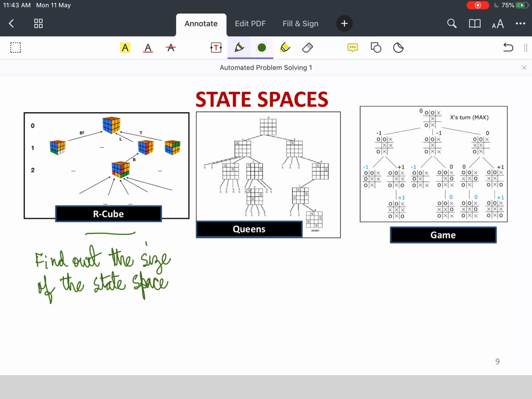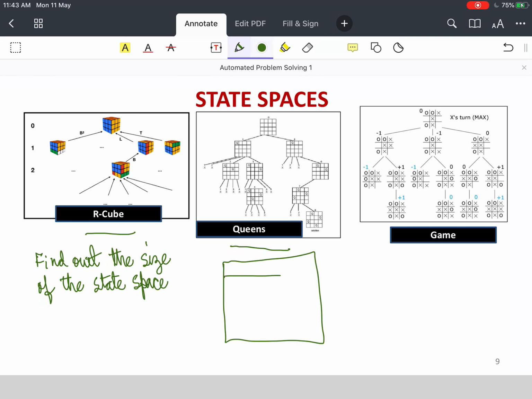And you will notice that this is a huge state space of various moves that can be done, because at a particular state there are several moves that you can make around in terms of turning some vertical or horizontal or in some direction.